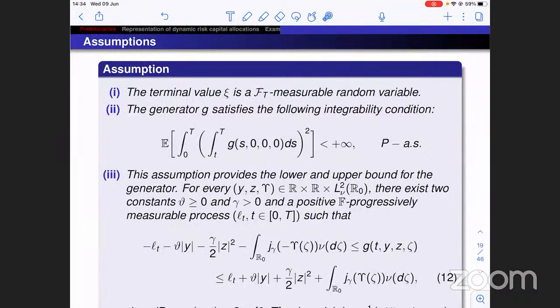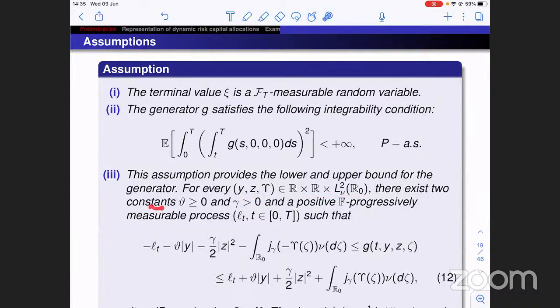We then have to talk of these assumptions. So we say the terminal condition is F_T measurable. The generator follows this integrability condition. You see the x, y, z, epsilon start as 0, for every process Y, Z in this product space.